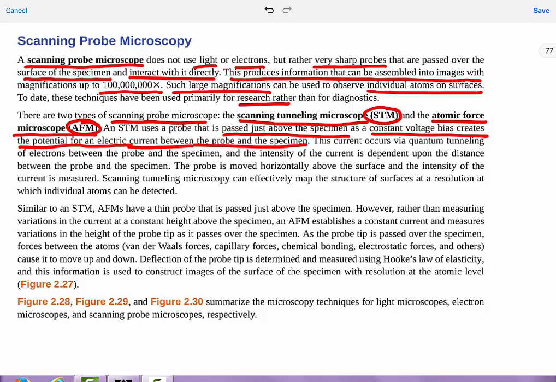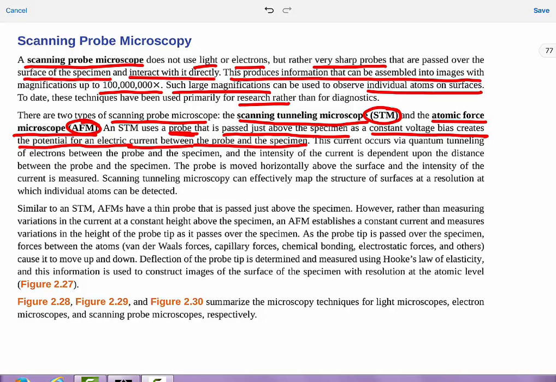All right, so the probe is going just above the specimen, and we have this voltage creating a potential for an electric current to go between the probe and the specimen. If you have studied electric currents or taken chemistry or possibly physics, maybe it's mentioned.